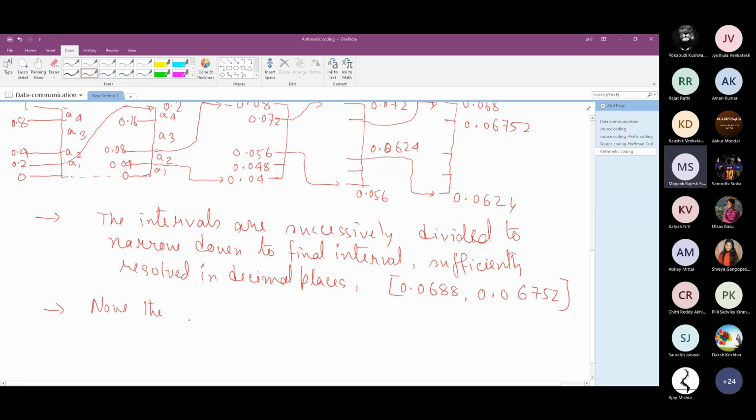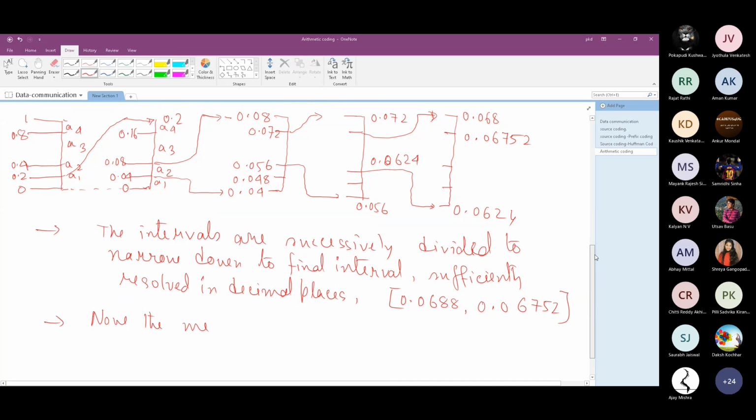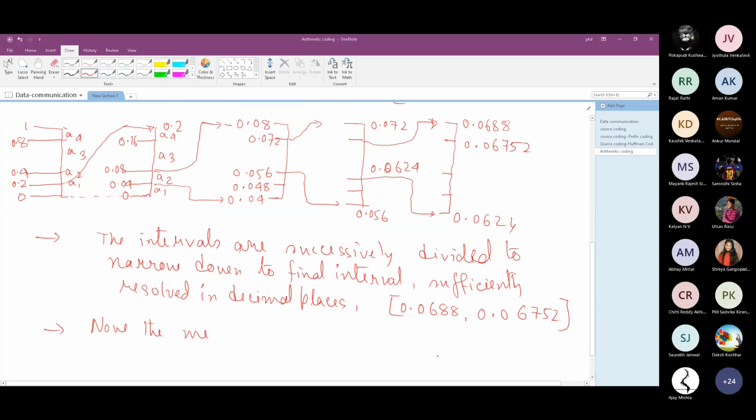So how did we get 0.0688? There's only one 8, no? Two 8s. So the difference is 2.2 subtracted from 0.072. Okay, so 0.068 is as 88. Sorry, I made a mistake, this must be 88.